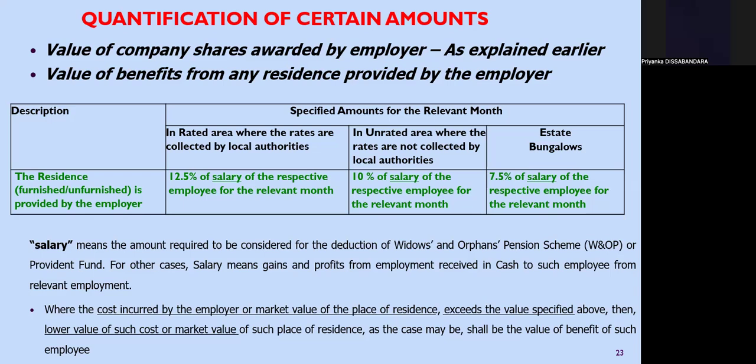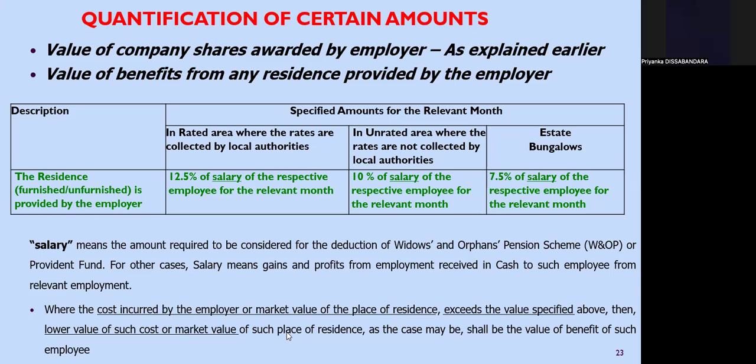Sometimes after multiplying this 12.5% or 10% from the salary, the value is much higher than the actual market value of that house. In that kind of situation, we have to consider the lower value of such cost or market value of such place of residence.